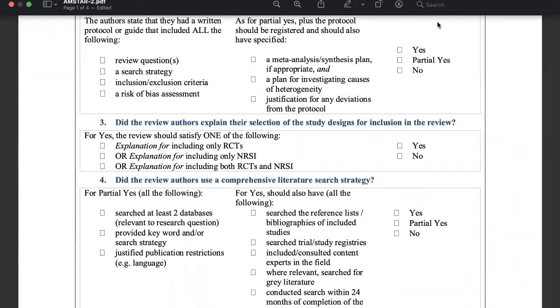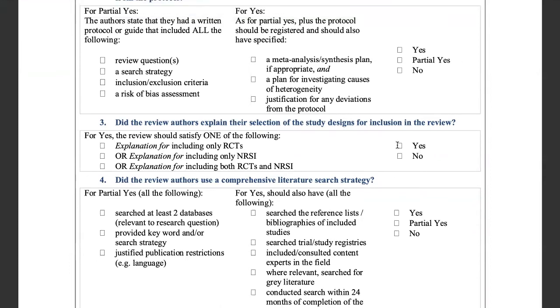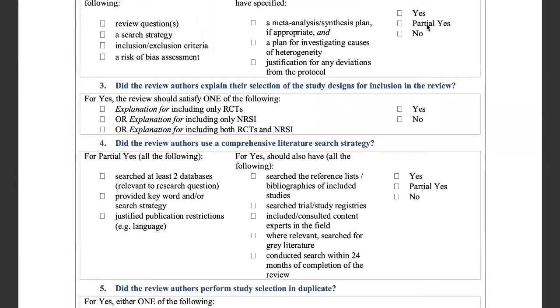I have been doing some reading, and what I have seen is that if the authors of systematic reviews state that they included RCTs only, or they decided to include both RCTs and non-randomized controlled trials, for example, it's okay, it's fine, and should be yes. But when they don't state in the inclusion criteria what type of study design they are planning to include, it should be no.